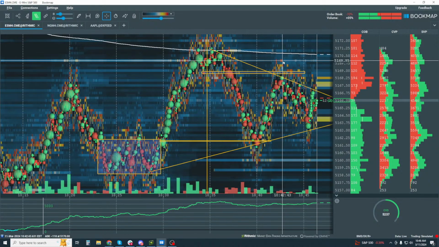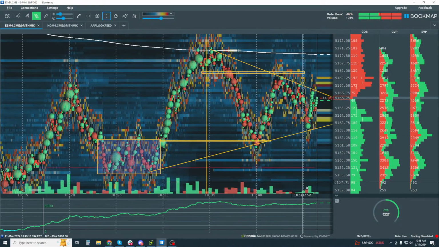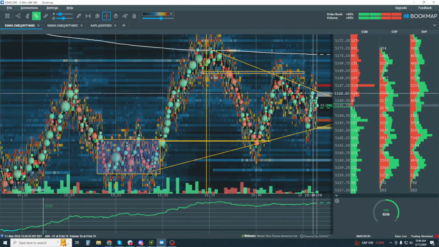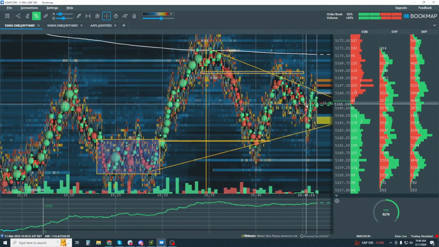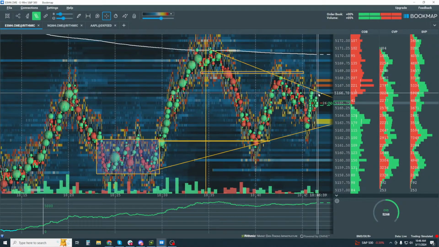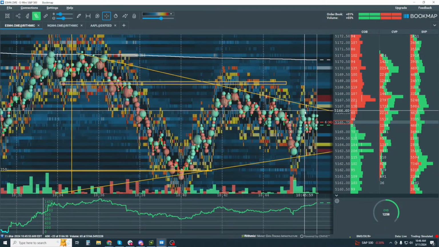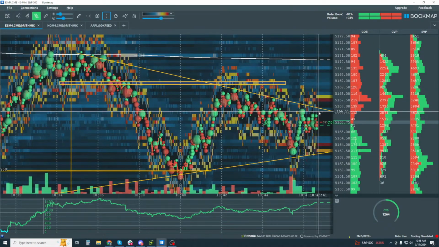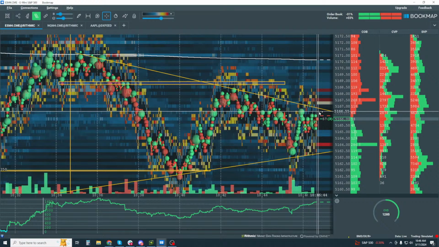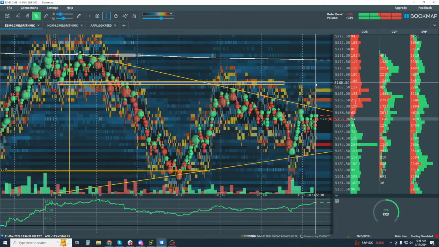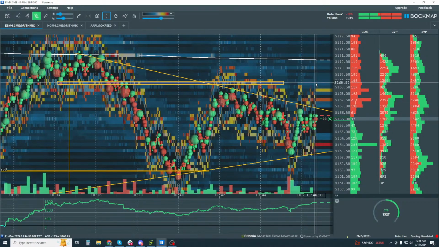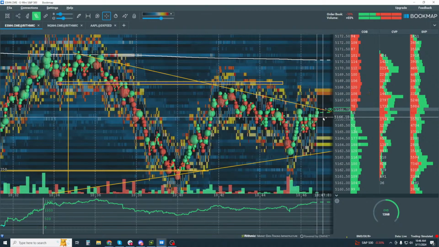Okay, more buy volume within this area here. So that's noteworthy. If we can come back up to here at 66.5 or so and get more buyers, then the likelihood of breaking out and coming back up to about our 68 level is pretty high. It's higher. So let's look for it.